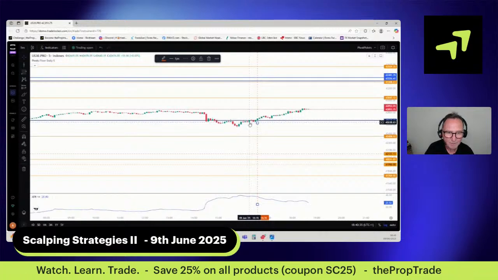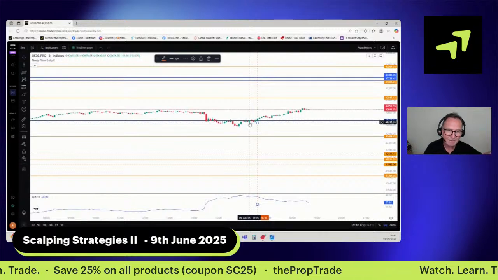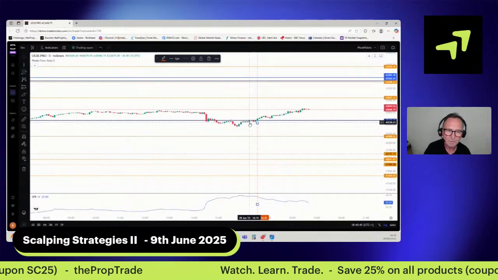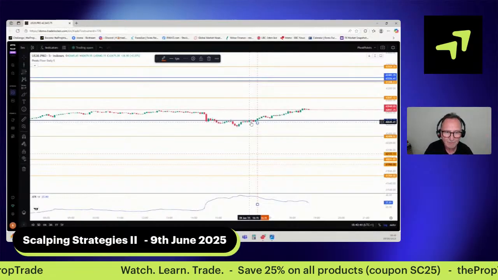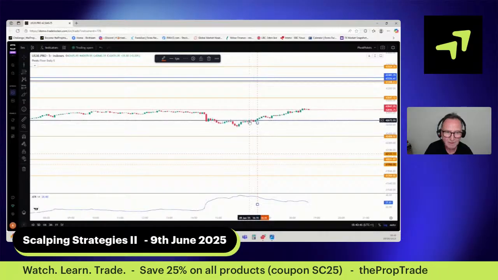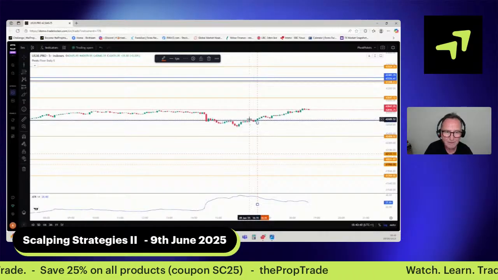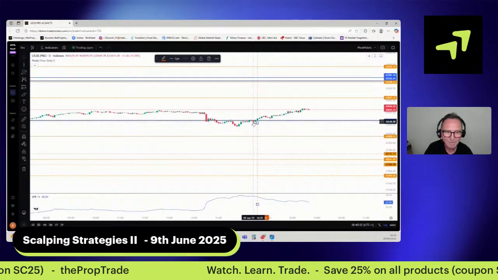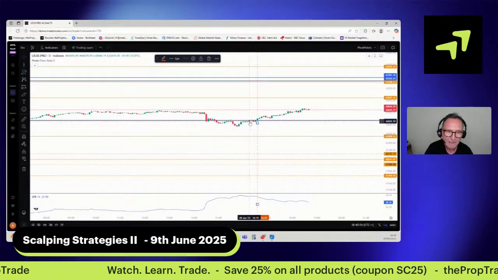By 1615, three candles later, we'd made a new high. We'd actually gone through the pivot point, but we hadn't broken it. Then it looked like we were going to go down, but we didn't make a new low either. Didn't make a new high, didn't make a new low, so it's not playing out.